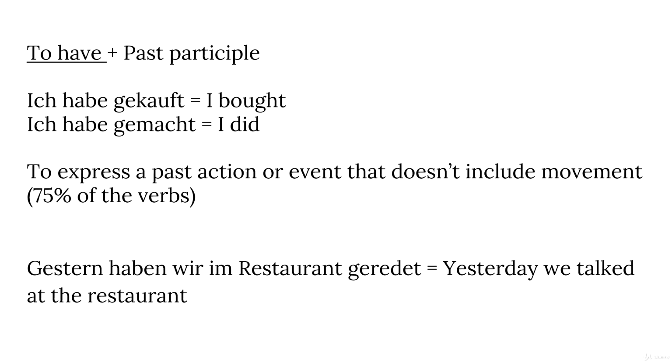And because the pronoun is I or ich, that's why you write habe. Ich habe. And gekauft comes from the verb kaufen, which means to buy. Ich habe gekauft. So as you can see, gekauft is the form that you have to learn by heart.